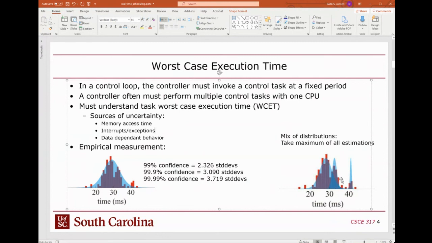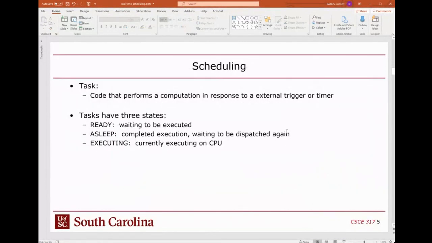So in this case, this is the same data, but I'm assuming it's 3 different distributions. So the worst case execution time, if I base it off of the most expensive of those distributions, is better than if I just modeled the whole thing as one distribution.